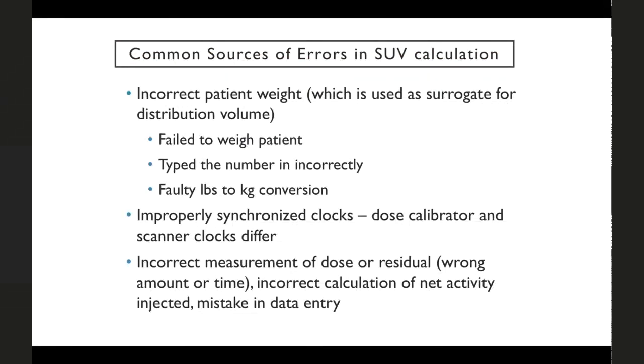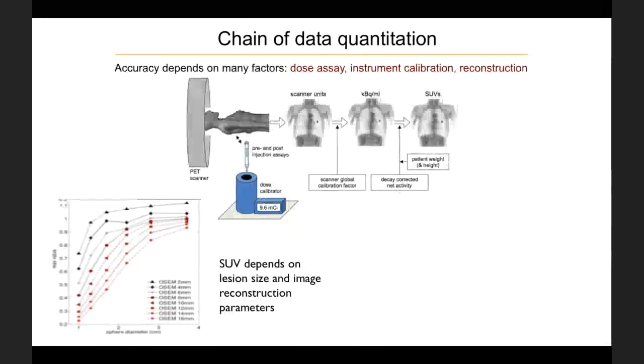So if they're not using a system that will do the calculation for them, like we have in our hot lab, then they could do an incorrect calculation so that the activity they put into the scanner is incorrect, or they just make a mistake. So there's a lot of things that have to go right in order to achieve accurate information.